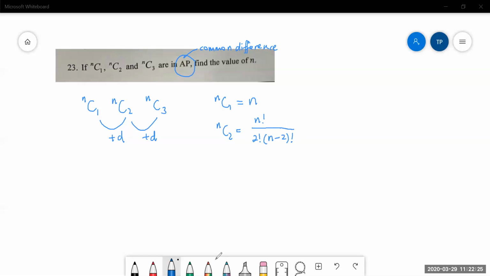Wait, I don't have the formula. Let me see the thing. If not, you can Google up. Oh, HL formula booklet. Okay. But I cannot find a formula for this. PNC they never say.